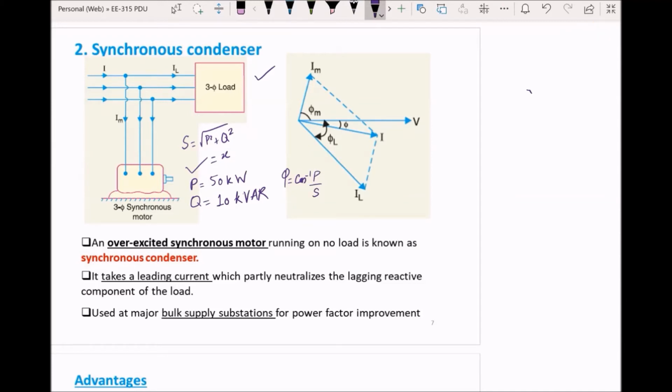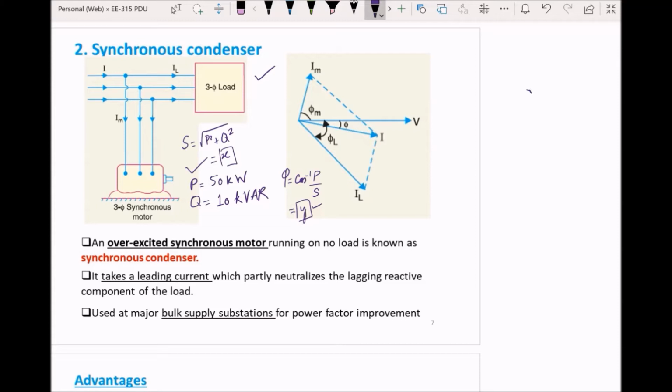Let's say that is equal to Y. So to achieve the power factor Y, the current will be altered. And how do we do it? That we'll learn in the machines course, how we change the field current.